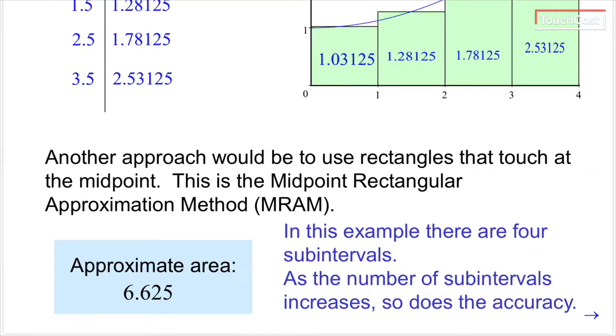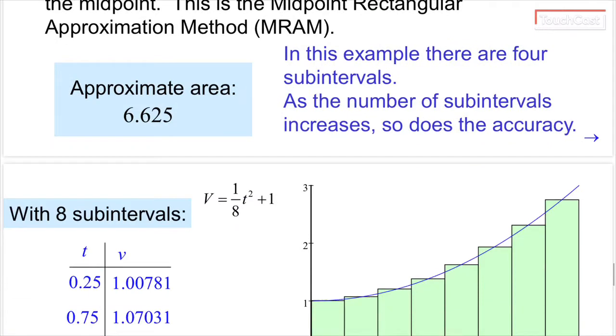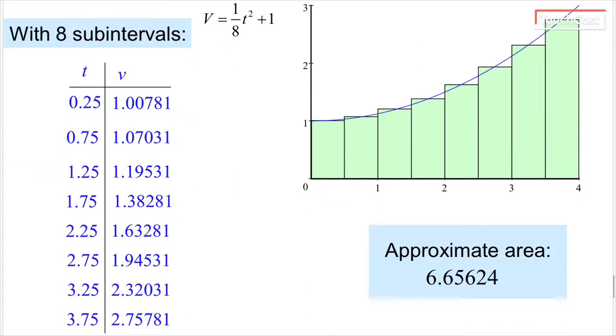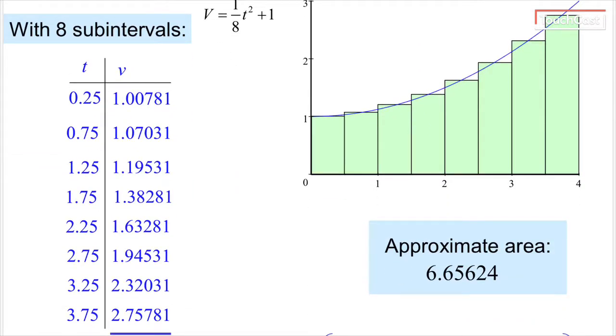Just notice that that's one thing I know is going to improve my accuracy. If I use more rectangles, I'm definitely going to have to do more computations, but even more important than picking which corner to touch at, using more rectangles is guaranteed to make my estimate a better estimate.